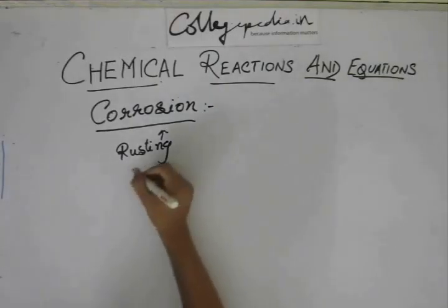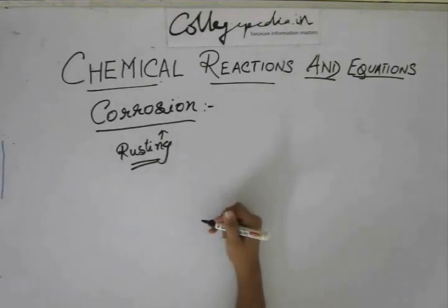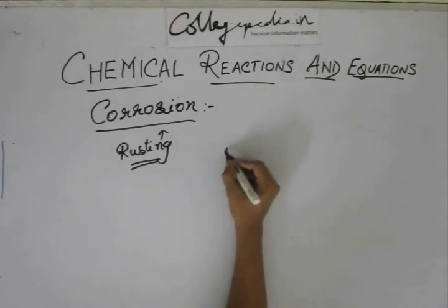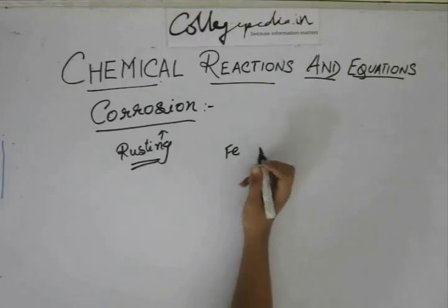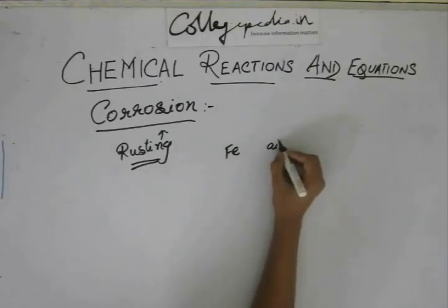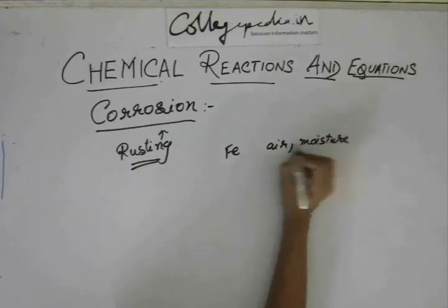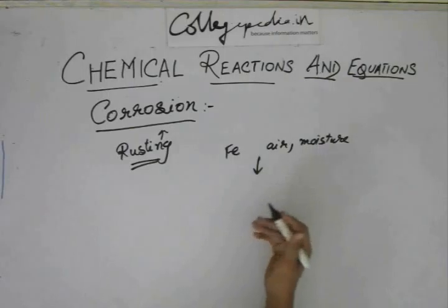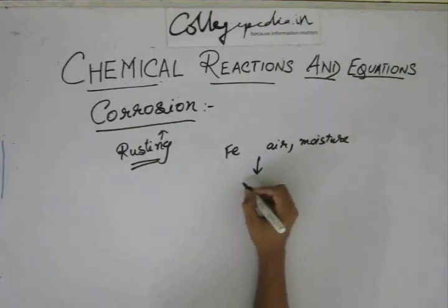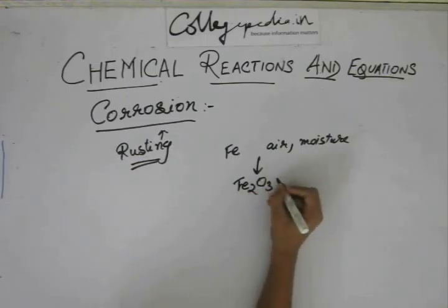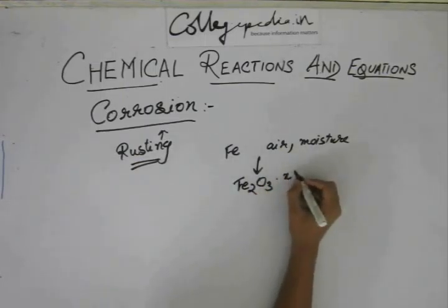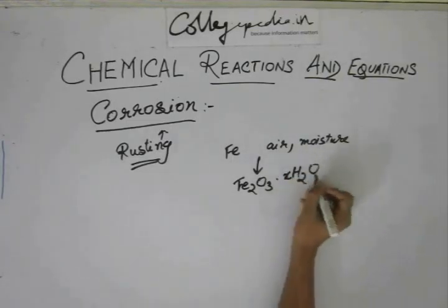So what is this rusting actually? Iron, in the presence of air and moisture, gets a layer on top of it, a ferric oxide layer. Ferric oxide and some water, Fe2O3 xH2O, gets a layer.